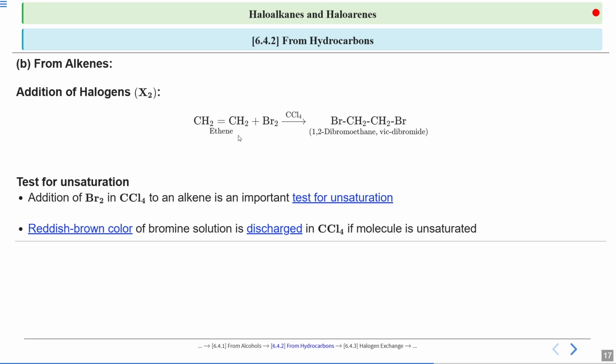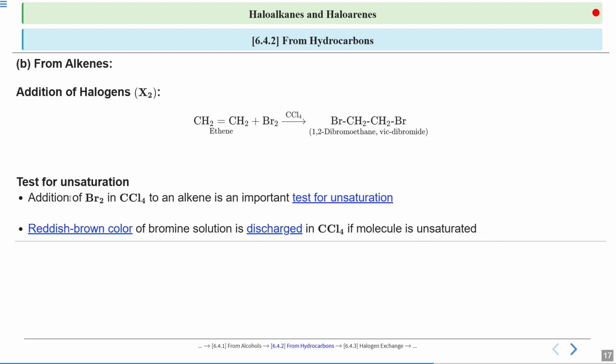If you see the reaction mixture, where you are reacting bromine with an alkene in the presence of CCl4, you are adding everything into a reaction mixture, right? And then the reaction is happening and the formation of alkyl bromide, or vicinal dibromide, is happening, right? So the reddish brown color of the bromine solution is discharged in CCl4 if you are using an unsaturated compound.